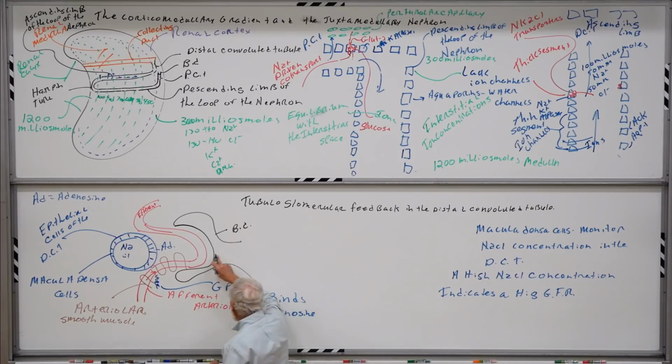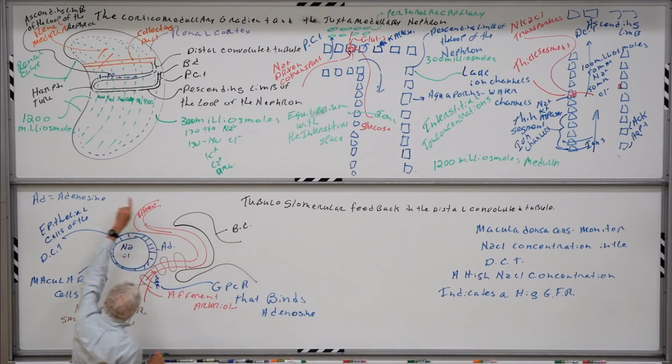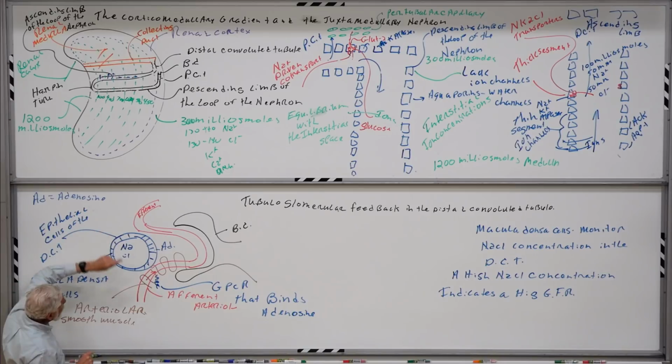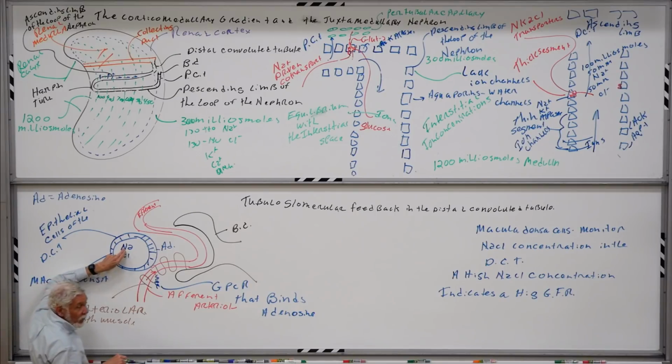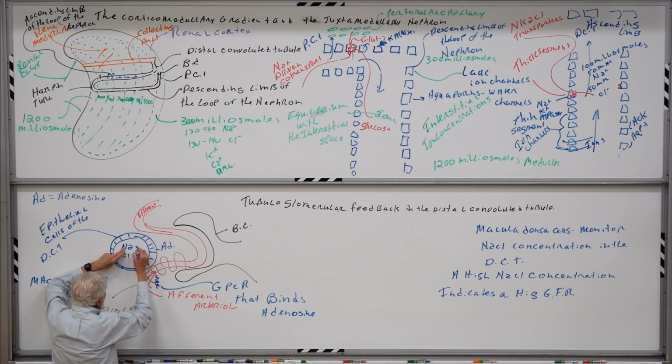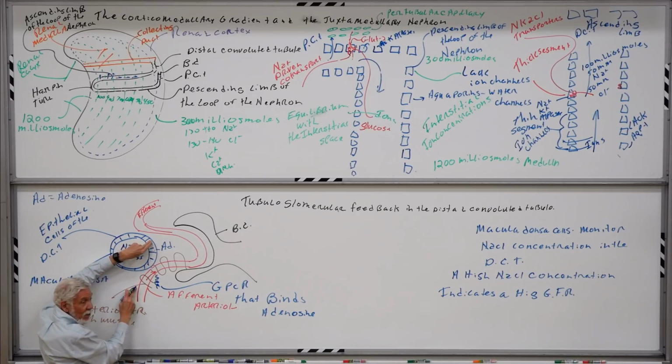So now we have a longer time of the fluid in the tube before it gets back to the distal convoluted tubule, and the sodium chloride levels start to drop. So now where they had gone from a normal of 50-50 up to 75-75, now maybe they go to 35. That reduces the release of adenosine.